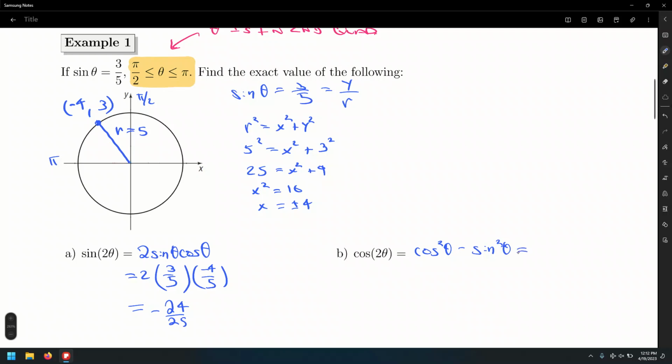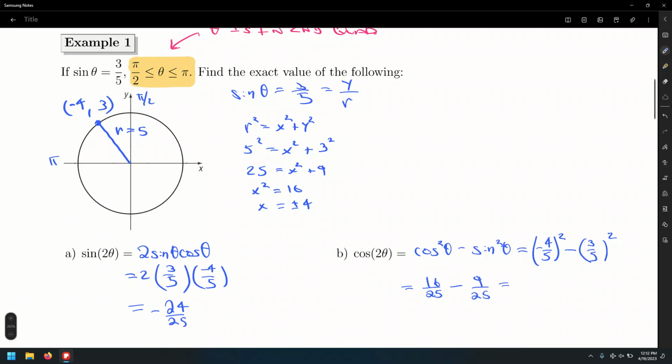So cosine, which we got to be -4 over 5 quantity squared, minus sine quantity squared, which is the number given. And just simplify this madness right here. So that's going to be, careful, negative squared becomes positive, 16 over 25, minus 3 squared, which is 9 over 25.